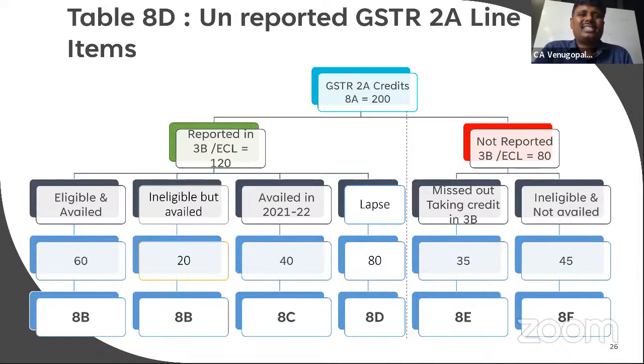Either it is eligible and you forgot to take the credit, or it is ineligible and you forgot to take the credit. You segregate into two categories and report it. The point here is that all the items visible in 2A have to be attended to. Now you will have this valid question: sir, my 2A and 8A itself are not matching.